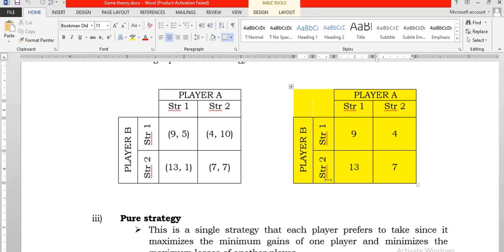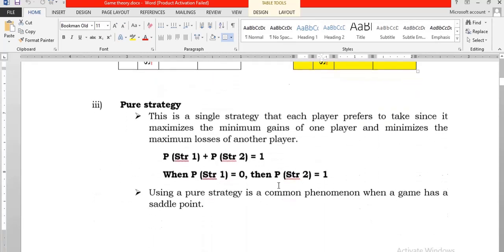So in this case, for instance, if I take only strategy 1 and I ignore strategy 2 for player A, that means I'll be referring to it as a pure strategy. That means strategy 1 has probability of 1. It means there's a certainty that I'm going to use strategy 1. But there's a possibility I don't know which strategy I'm going to use. In this case, I'll be using either strategy 1 or strategy 2 in different proportions. So if I use both strategies, then I'm talking of a mixed strategy scenario. That's what I'm explaining down here.